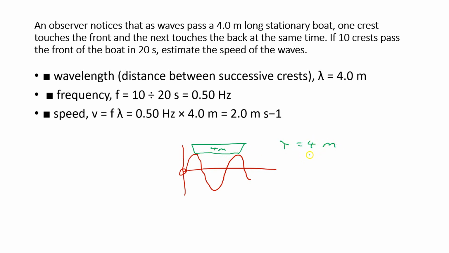Now the question goes on to say that if 10 crests pass the front of the boat in 20 seconds, estimate the speed of the boat. So we know that the number of oscillations is going to be 10 oscillations.